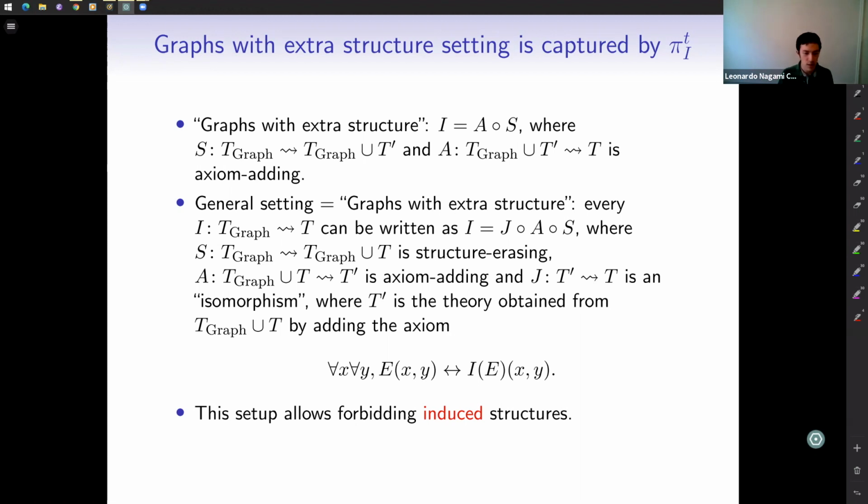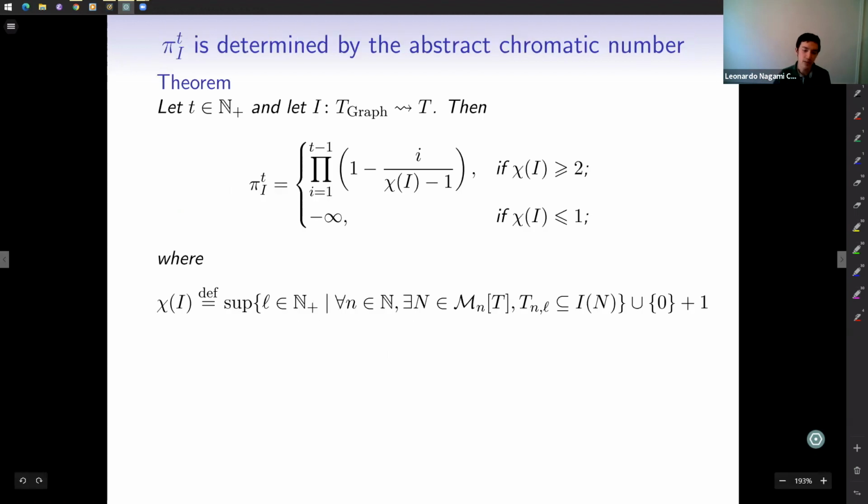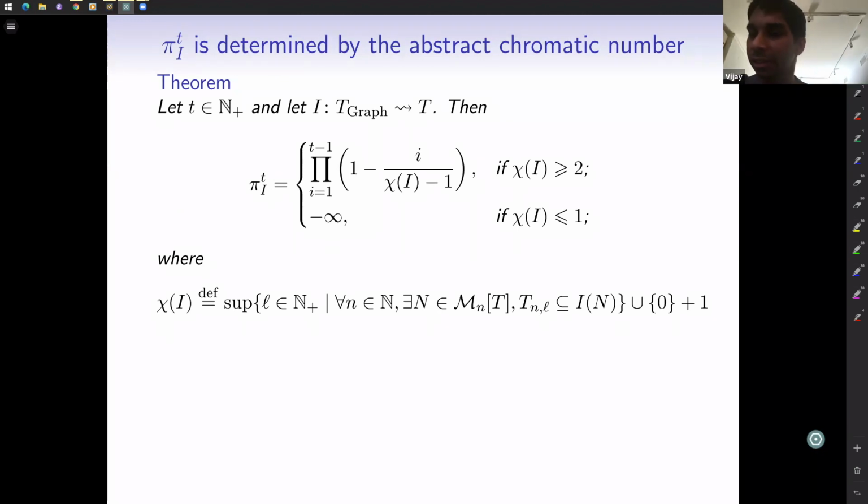Okay, let's proceed. Here is the big theorem that says actually the same holds in terms of an abstract chromatic number. You have a question on the chat. Are you saying this will give the Erdos-Stone statement for induced graphs then?